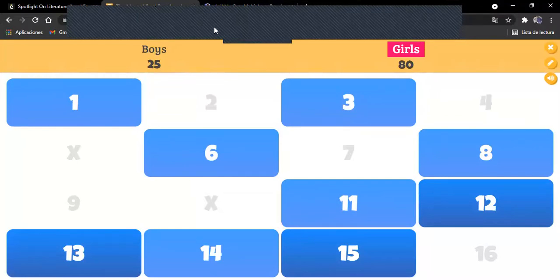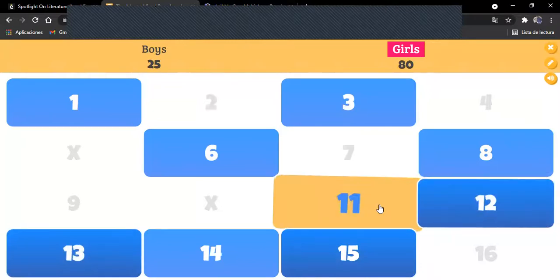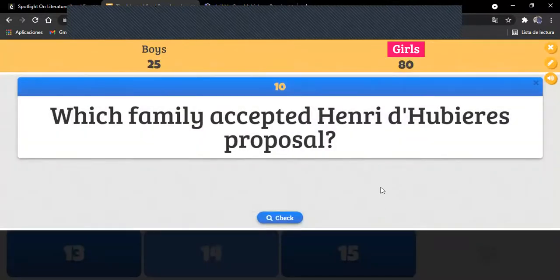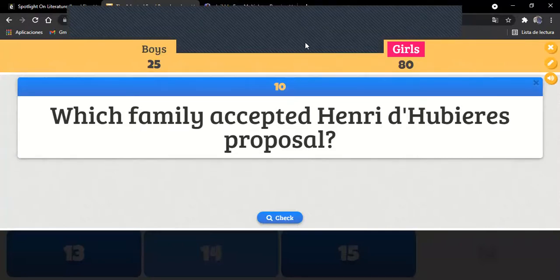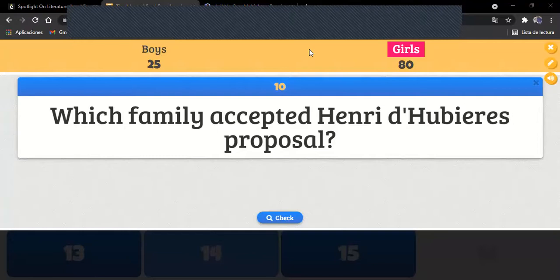Osiris, 11. Thank you. Which family accepted Henry Duvier's proposal? We have seen which family refused. If you remember, now you know which family accepted the deal. The Balangs.